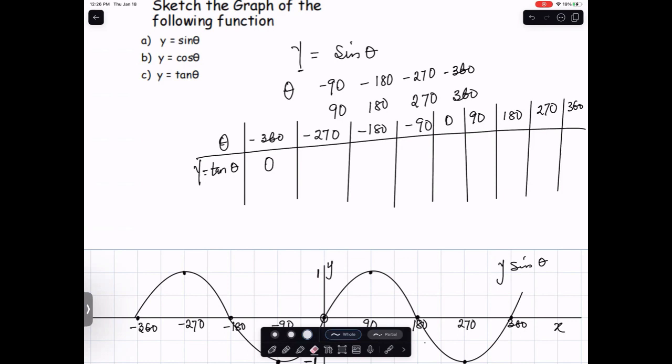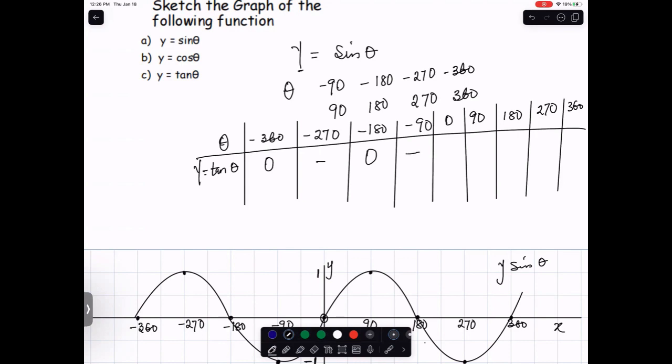So tan negative 270 on your calculator, you know that it's a math error. So on that, I'm putting nothing here. Then we have tan negative 180, which is also 0. We have tan negative 90, which is also a math error. There's no value for that.